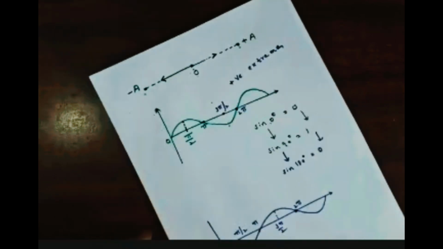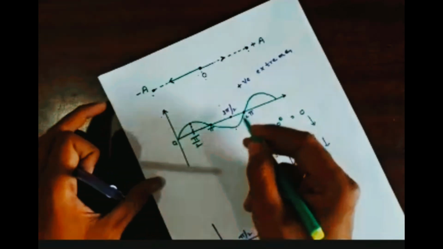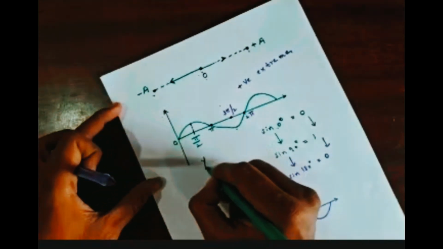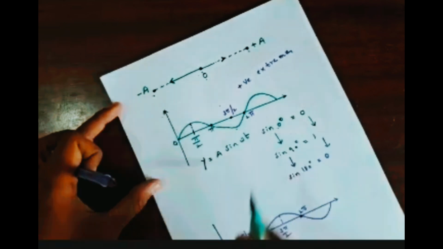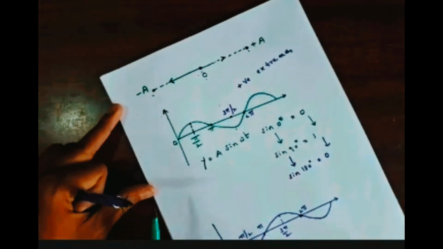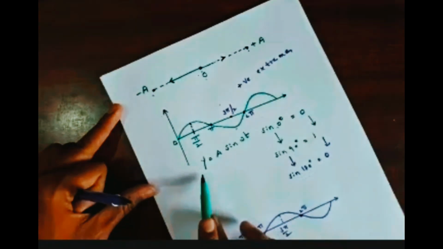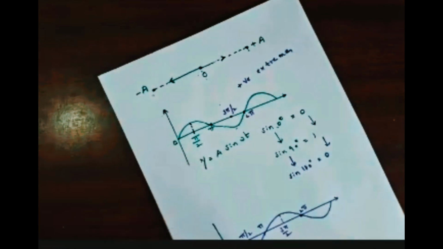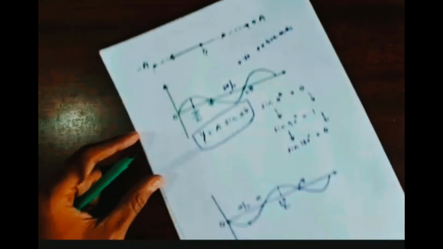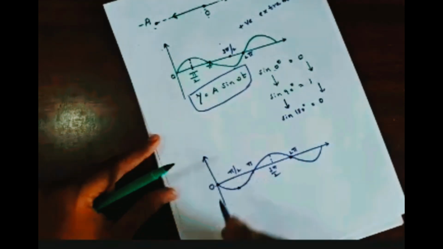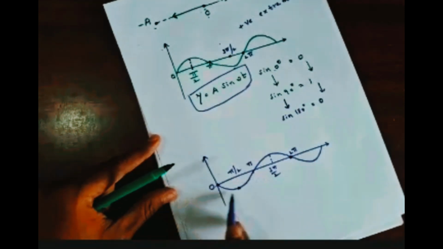So how do you represent this in equation form? y is equal to a sine omega t. If the particle moves from mean position to positive extreme position, take the equation y is equal to a sine omega t. Now here the particle moves from mean position to negative extreme.